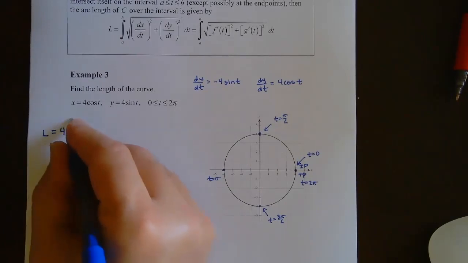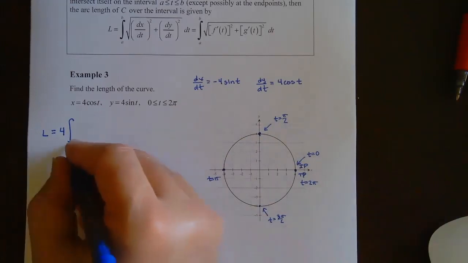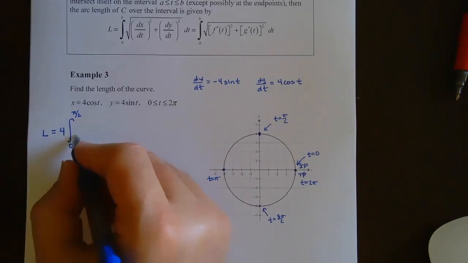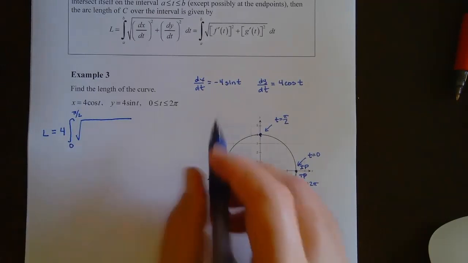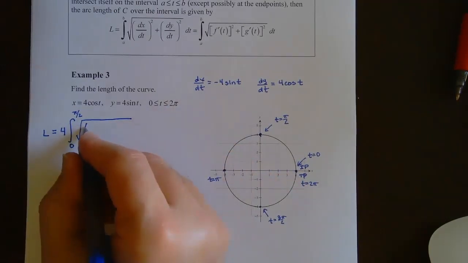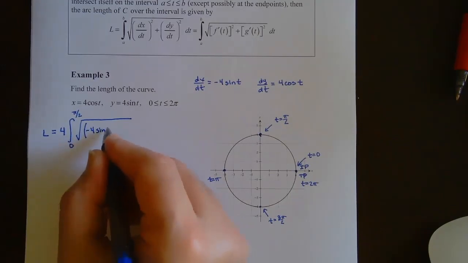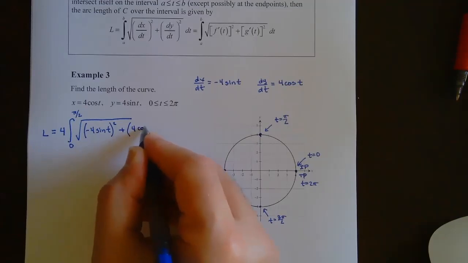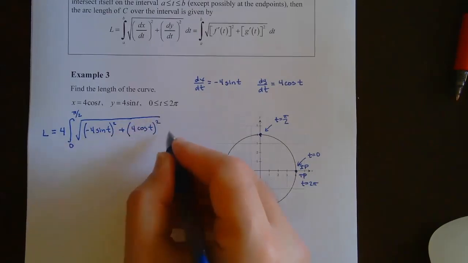So 4 times the integral from 0 to pi over 2, because those are my times, of the square root of dx over dt squared, so that'd be negative 4 sine of t squared, plus dy over dt, which would be 4 cosine of t squared. I have to extend my square root, and then dt.